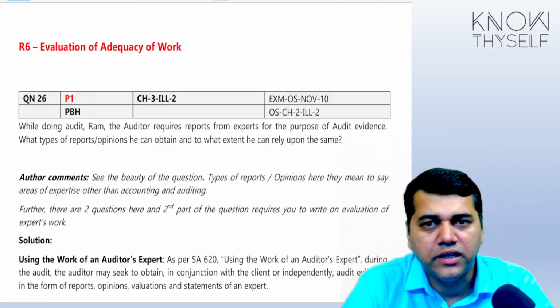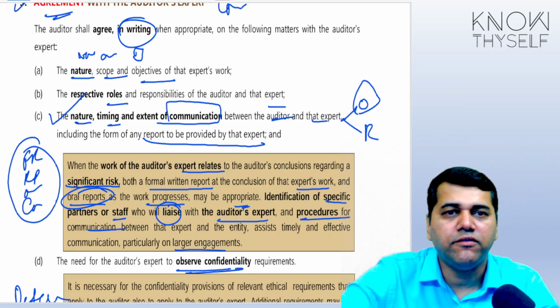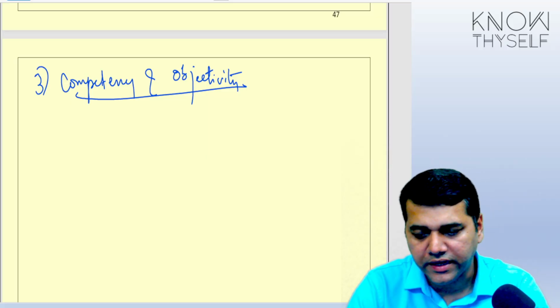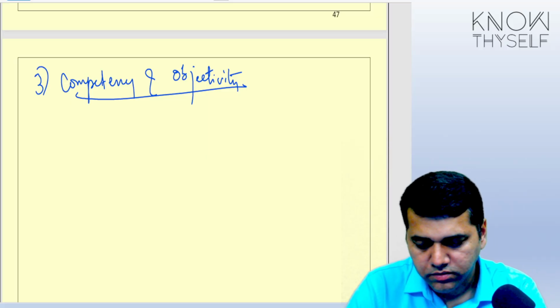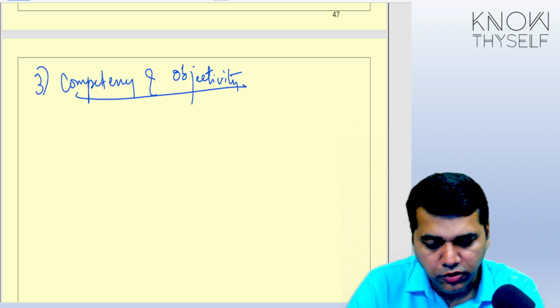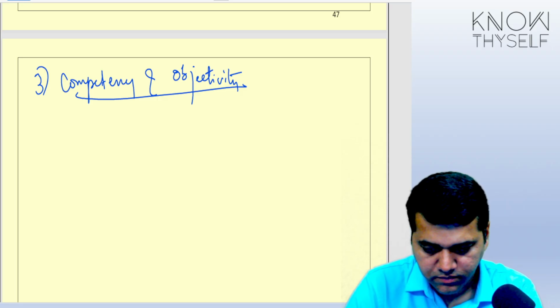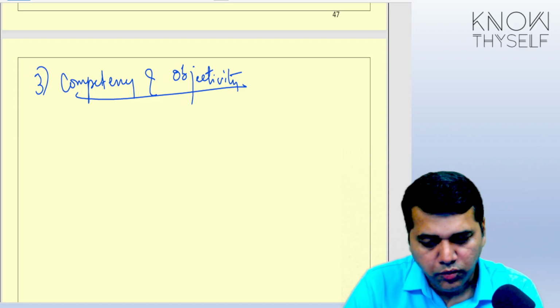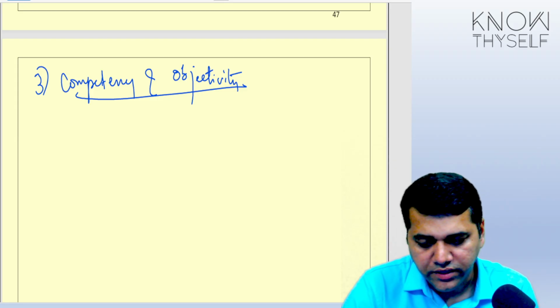Yes, I hope you are clear. We can have one mind map also simultaneously. We had written a point about competency and objectivity. What is really required here?